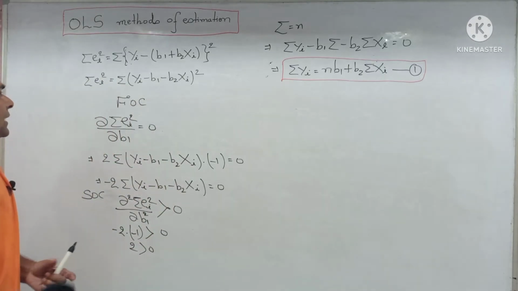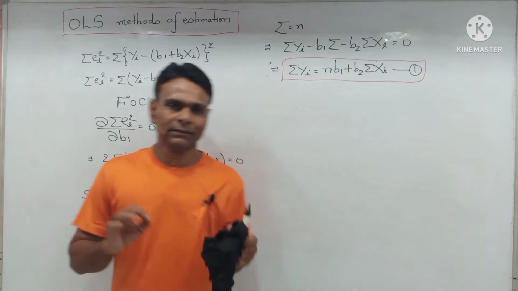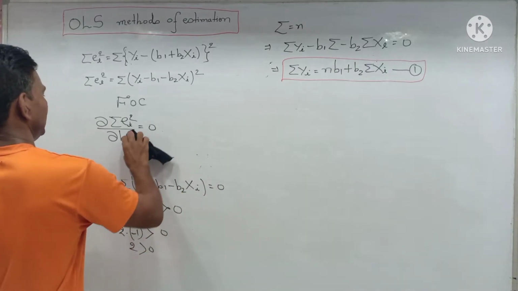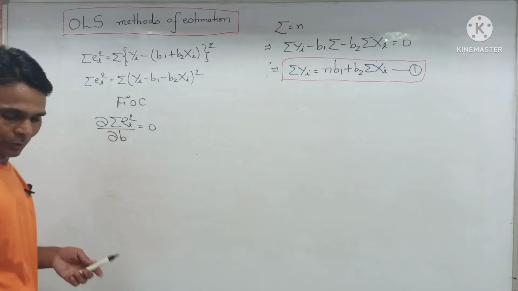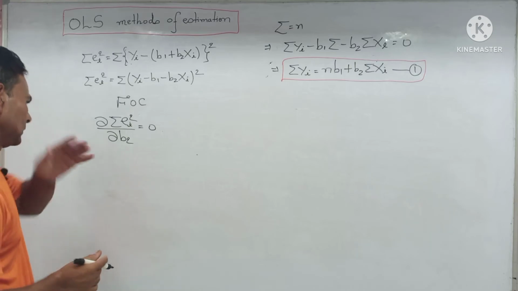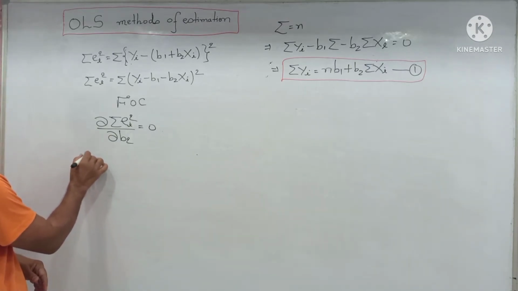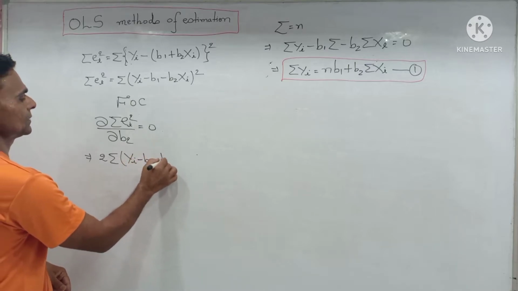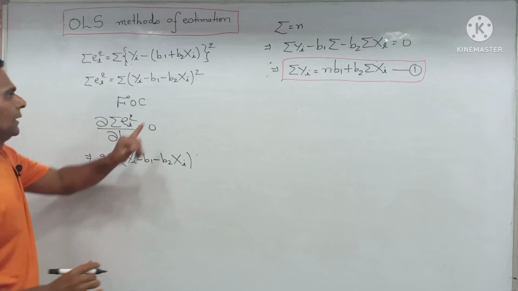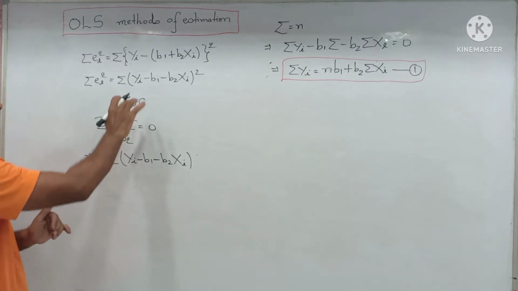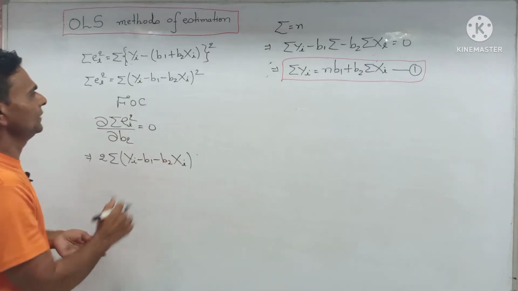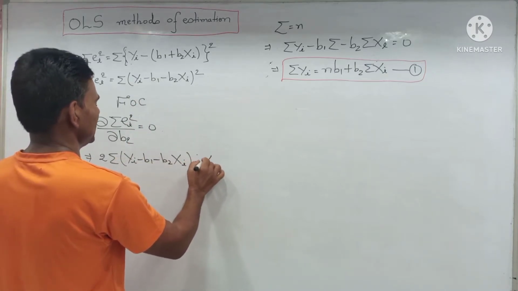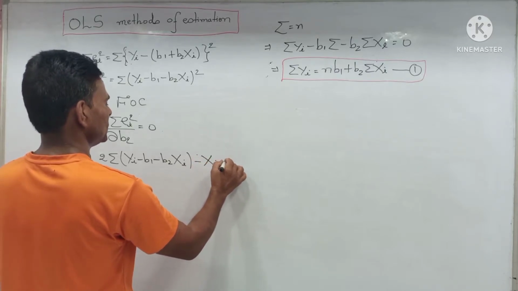Now we need to take the partial derivative of the error sum of squares, summation of e square, with respect to b2 only, and set it equal to 0. 2 comes first, summation of (yi minus b1 minus b2 xi), and taking the partial derivative of the term inside the bracket with respect to b2, we get minus xi, equal to 0.